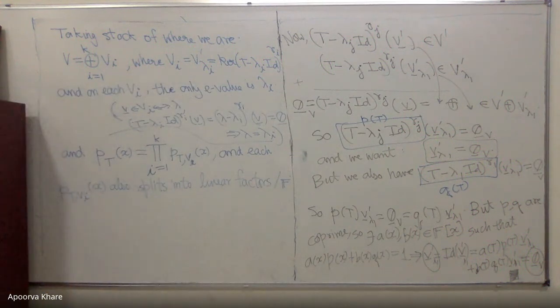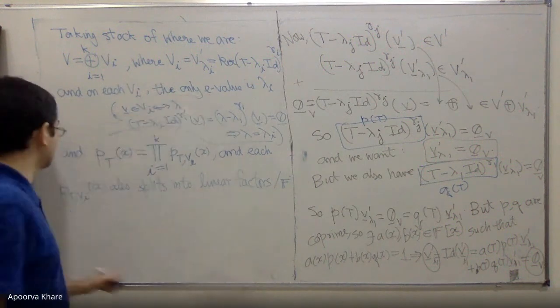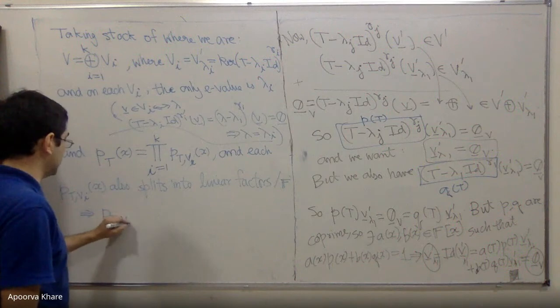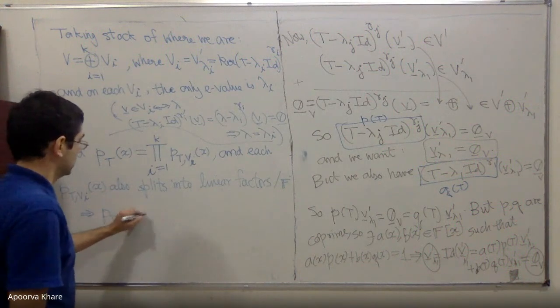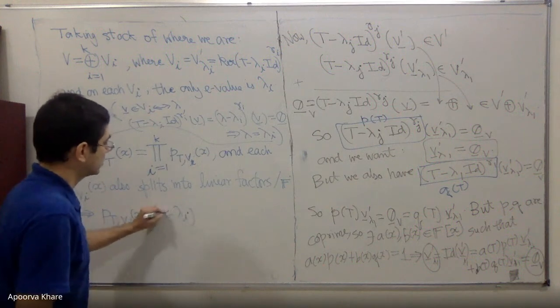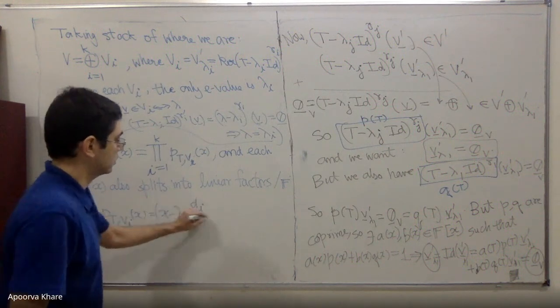But now since the only eigenvalue is lambda_i, we know exactly what this is: P_{V_i}(x) equals (x minus lambda_i) to some dimension d_i.